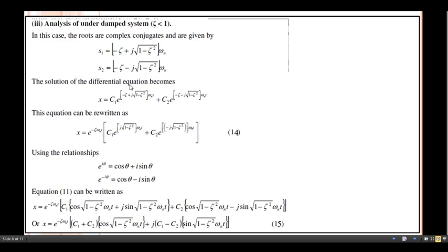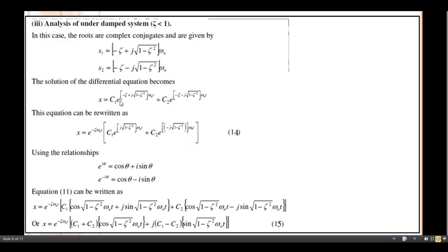The solution of the differential equation becomes, as we already know, c1 into e raised to s1 t plus c2 into e raised to s2 t. s1 is already with us, so just replace s1 and s2 by these terms. You have to write this equation in such a way that we can do further analysis.